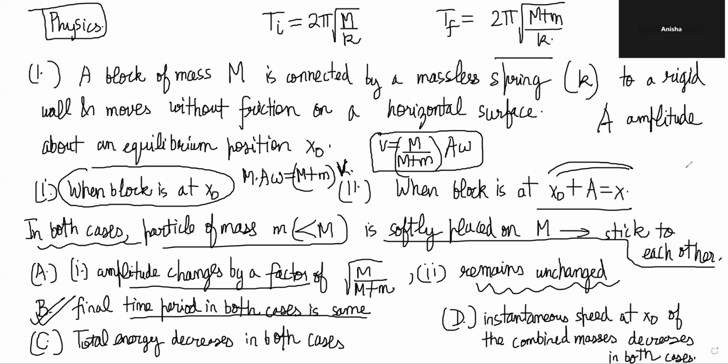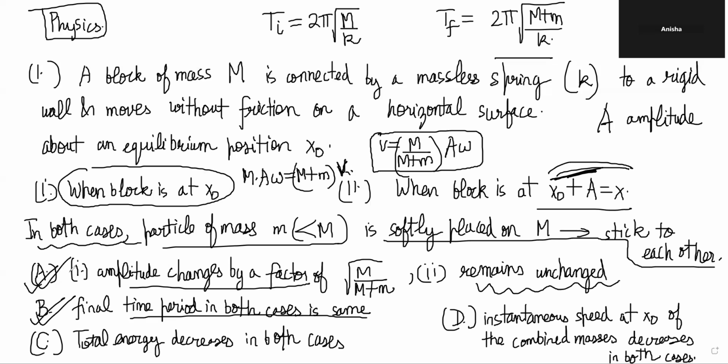See, the block was already stationary at the extreme position, right? If you have put a mass, then the momentum was zero and the final momentum is also zero. So nothing has changed. You have not changed momentum at all, so velocity has not changed there, right? So amplitude doesn't change if you put it at the end. So option A is correct.